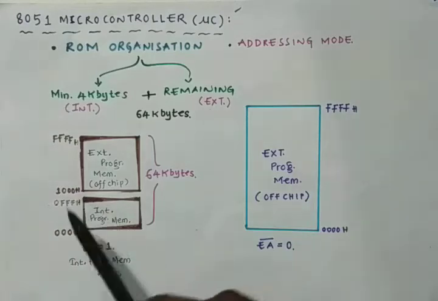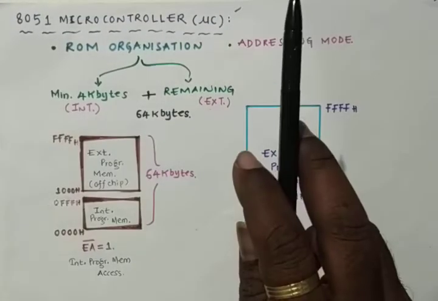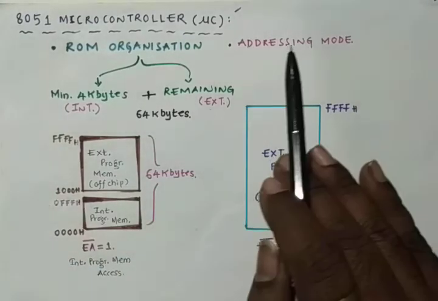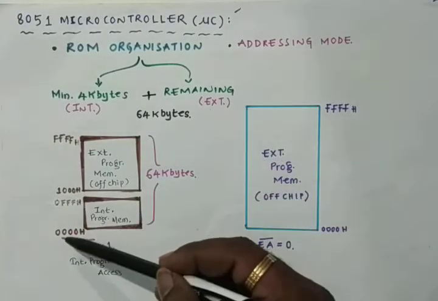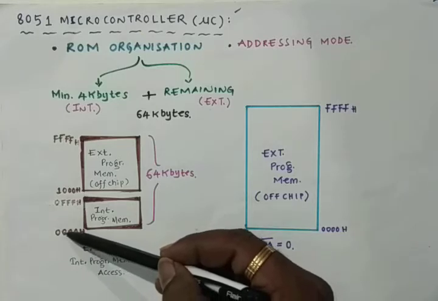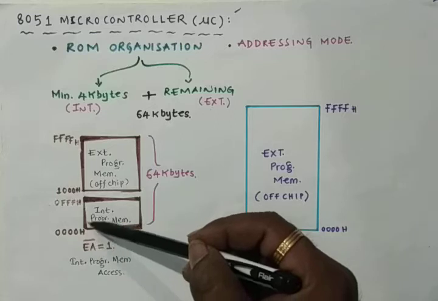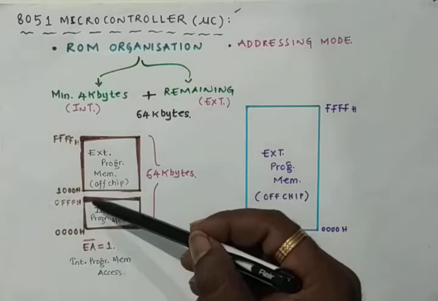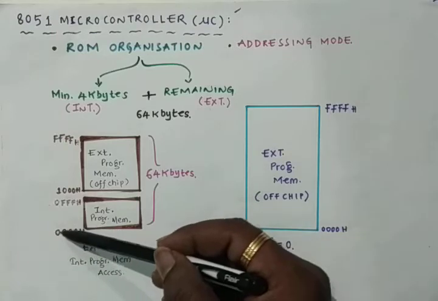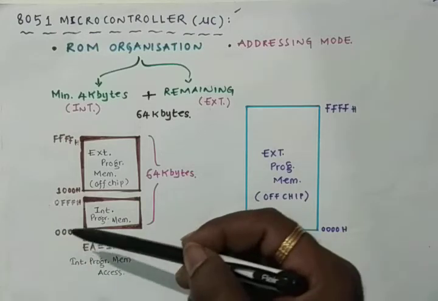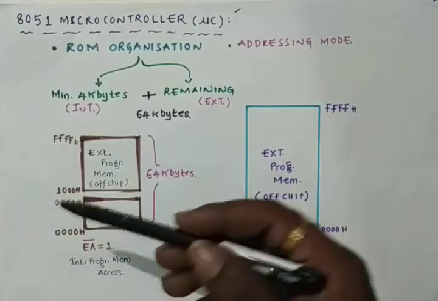That means if the reset pin of the 8051 is set to 1, it terminates all operations, and the program counter reads instructions from the starting memory location, from 0000H onwards. It keeps on increasing to fetch the instructions from the memory.